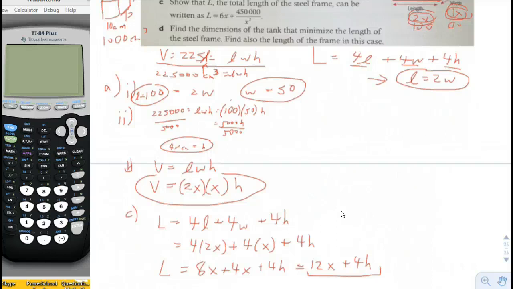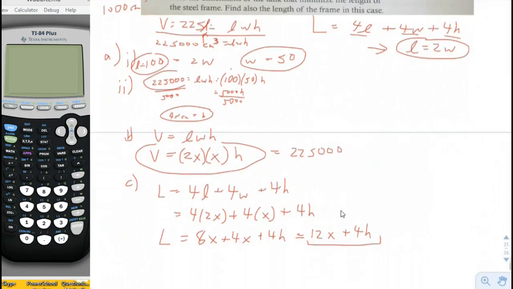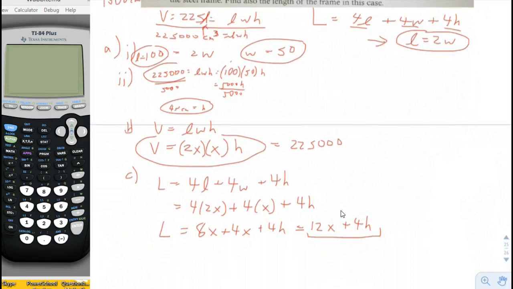Now, can we relate h to x? Yes, we can, because we have this formula here. V equals 2 times x, 2x times x times h, which happens to equal 225,000 centimeters cubed, right? So let's take this equation, and we're going to relate h to x. The way we do that is we divide both sides by 2x squared.